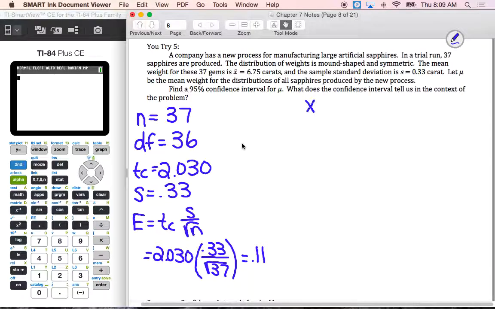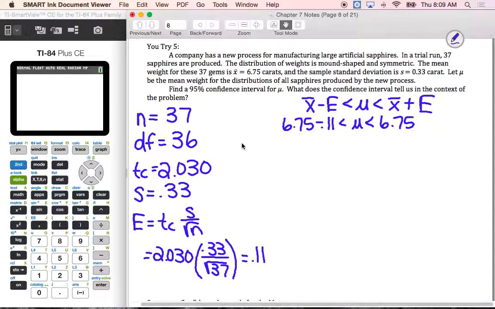So we have to do x bar minus E and x bar plus E. So I have 6.75 minus 0.11, and 6.75 plus 0.11. So we have about 6.64 to about 6.86.